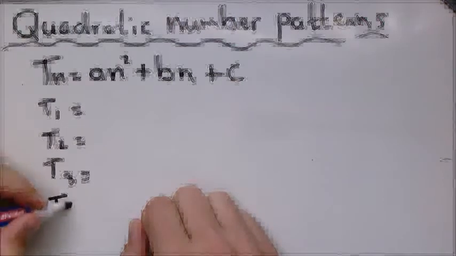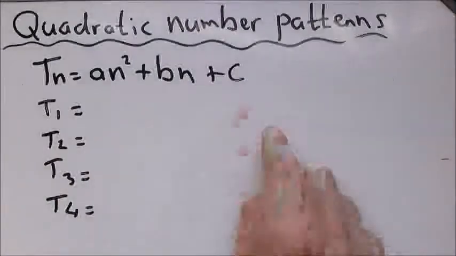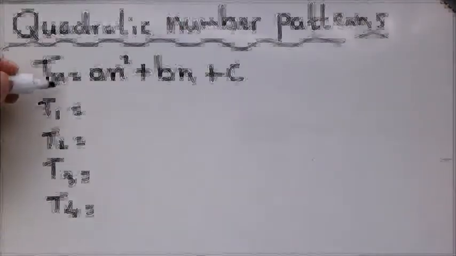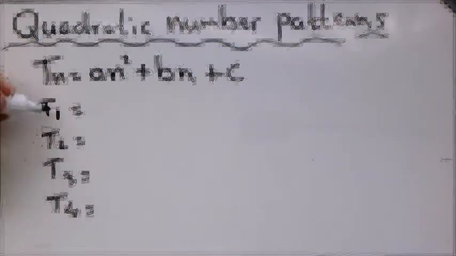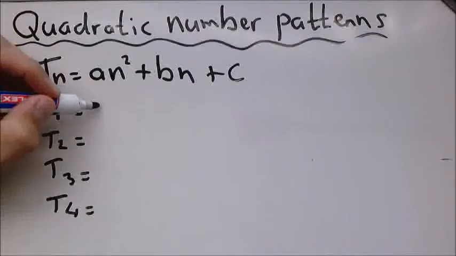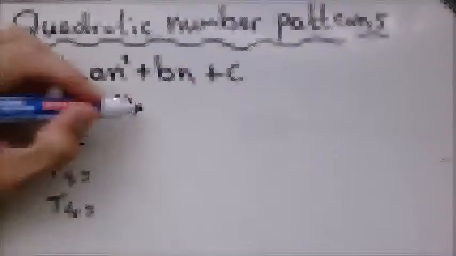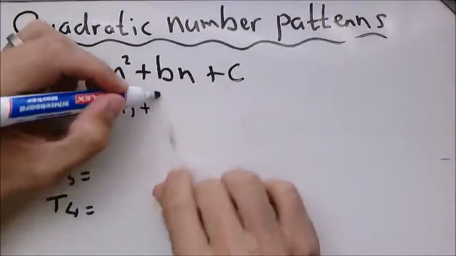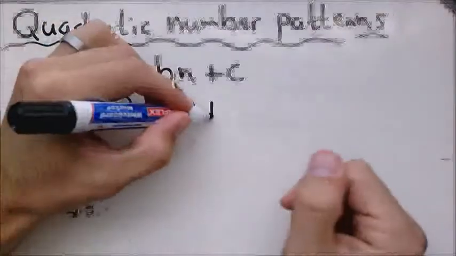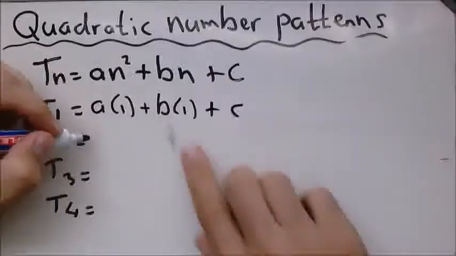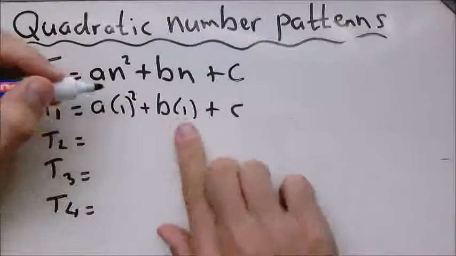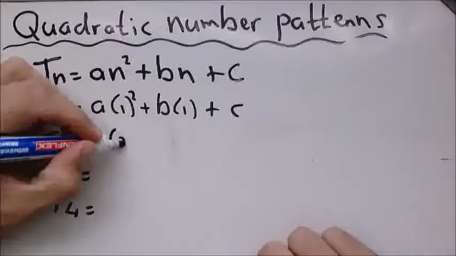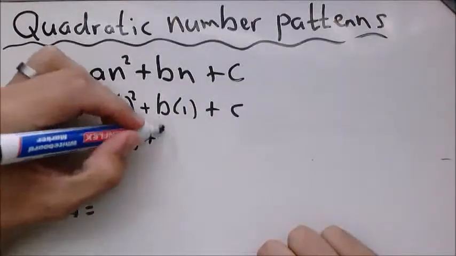So now if this is true, let's quickly write out the first 4 terms in terms of a, b, and c. In other words, can you see that's an n? So n is equal to 1. So if I substitute it in, this will happen. Over here, n will become 2.